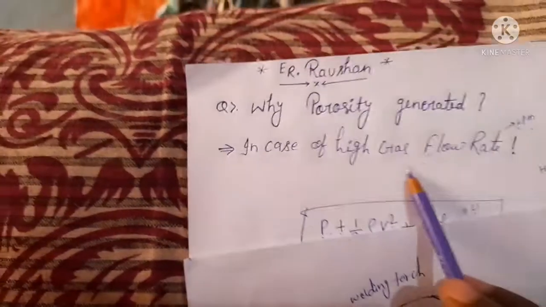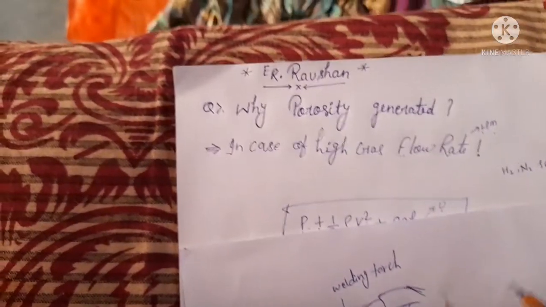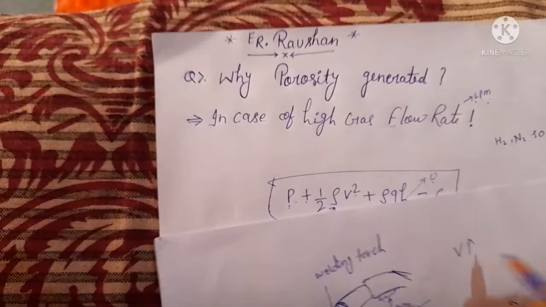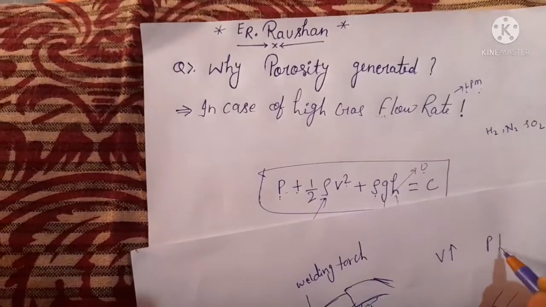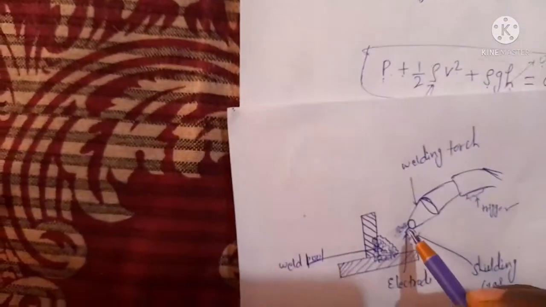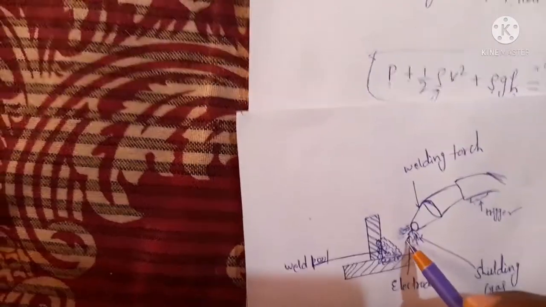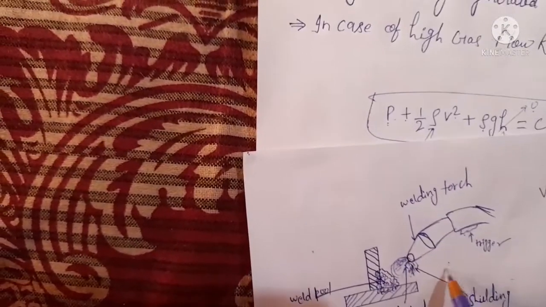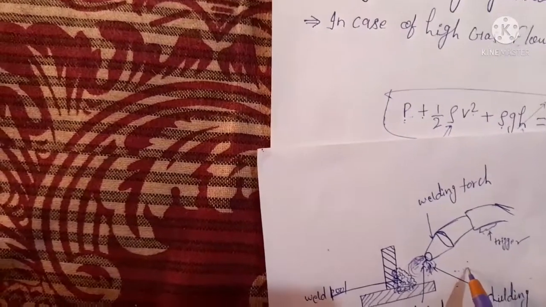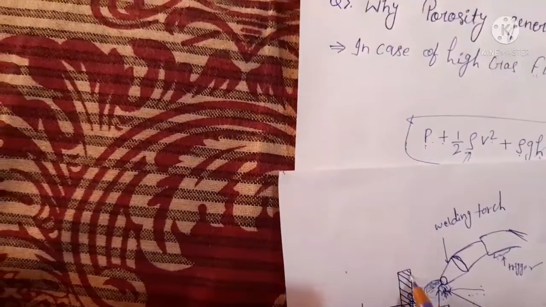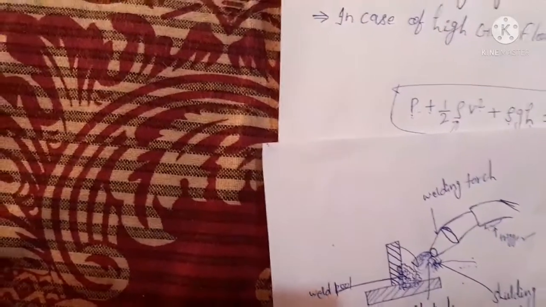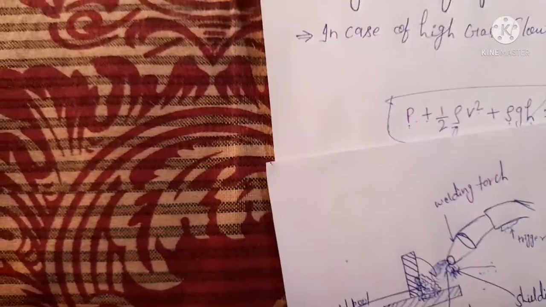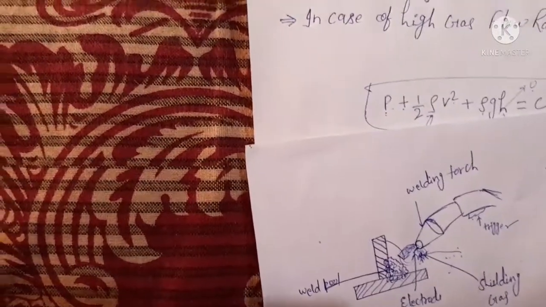So friends, if the gas flow rate is high, that means velocity is high, then what will happen? The pressure will decrease. That means if the gas flow is high, then the pressure will decrease outside this. Then other foreign particles, that means environmental contaminants, go inside this weld pool. We understand here, friends, if velocity increases, then pressure decreases.